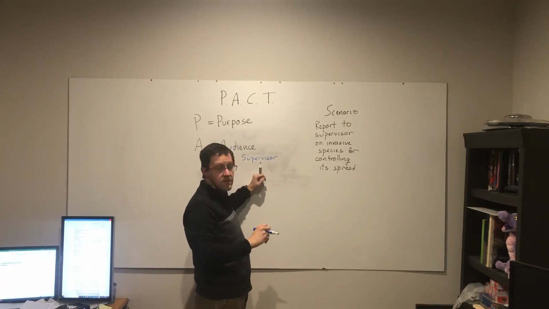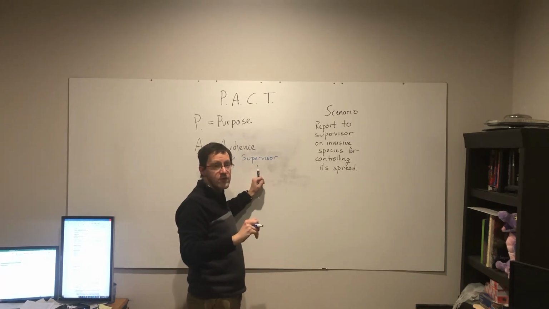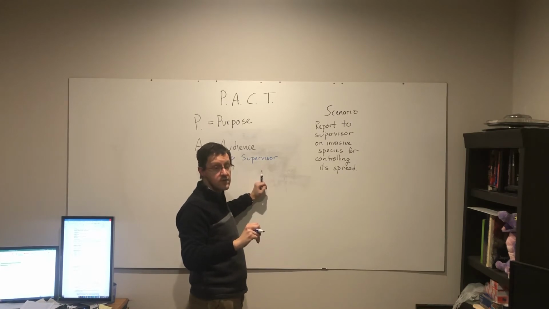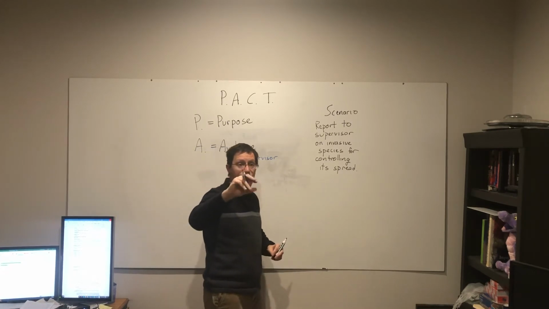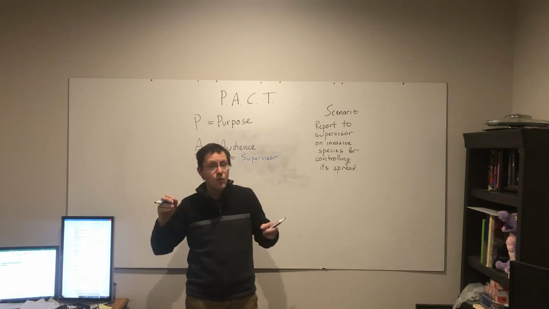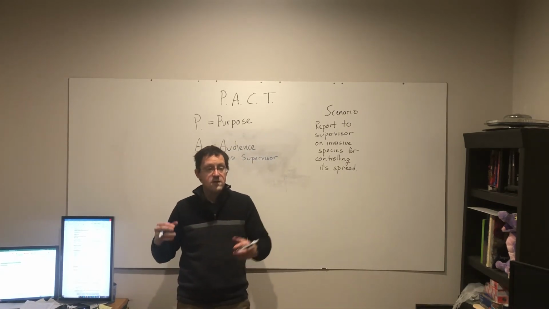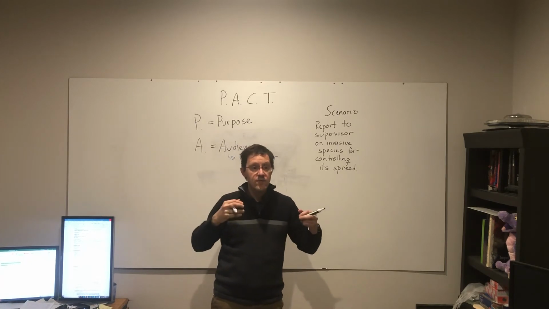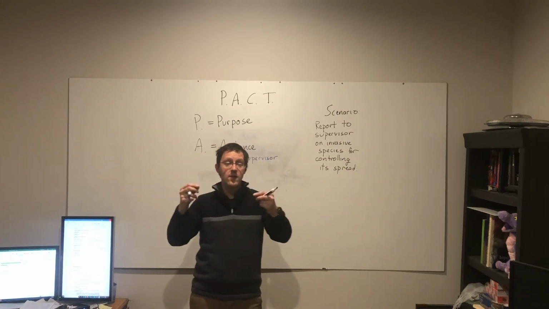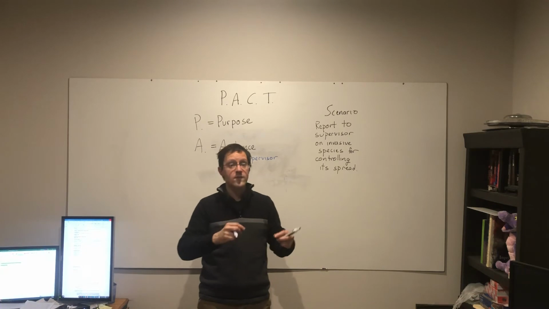In this case, you're writing with that person, that audience in mind. Hopefully, you know what they understand, what they don't understand, and how they can use this information to guide that decision making for the policy, for the strategy.